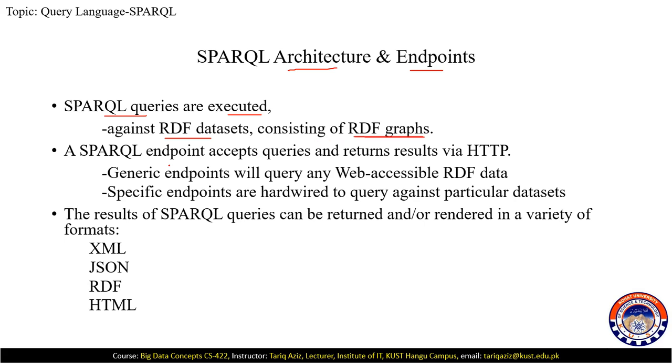The SPARQL endpoints accept queries and return results via HTTP. There are two endpoints in SPARQL: one is known as the generic endpoint, and the second is known as the specific endpoint. The generic endpoint will query any web-accessible RDF data, while the specific endpoint, as its name suggests, will query particular datasets.